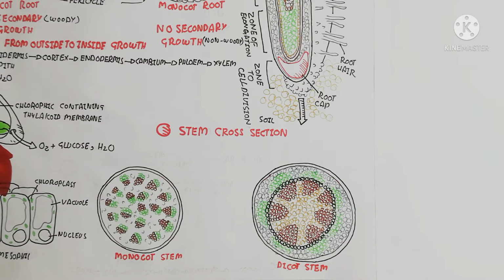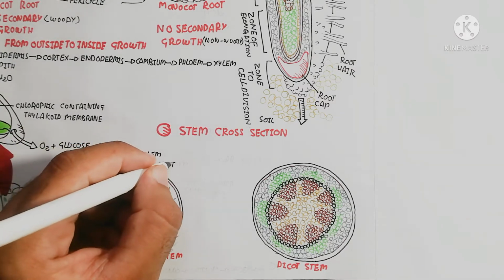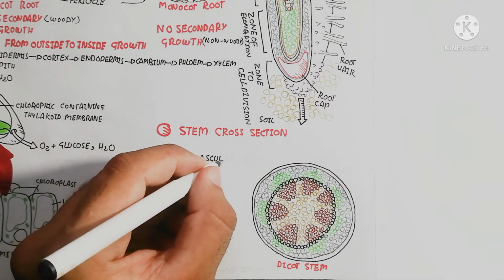While here is the stem cross section, which shows the monocot stem and dicot stem.